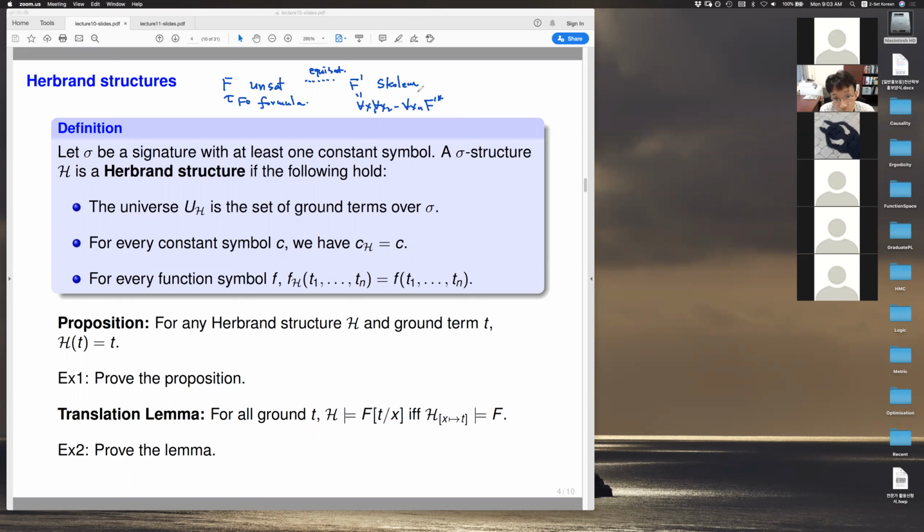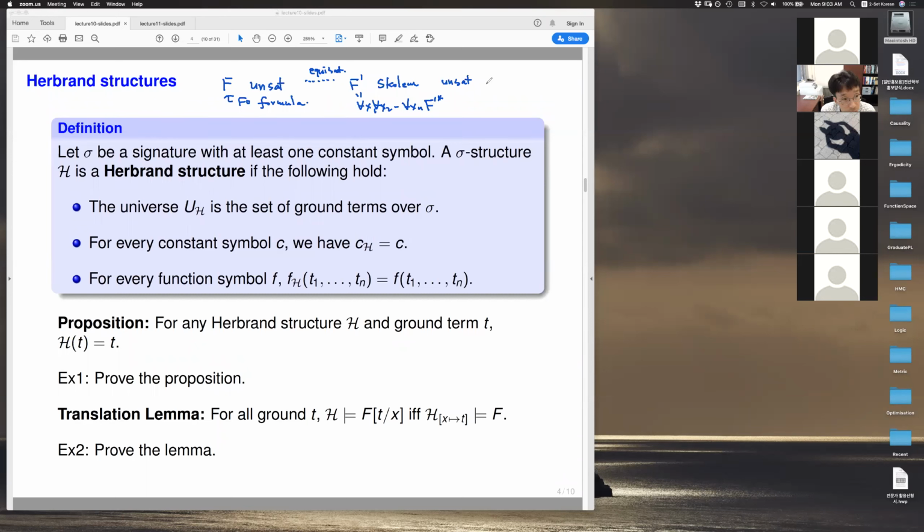But still, showing that this F prime is unsat is not going to be easy, because we have to think about a really large amount of structures to check. Unsat really means no structure satisfies F prime. So we have to think about really a lot of structures.